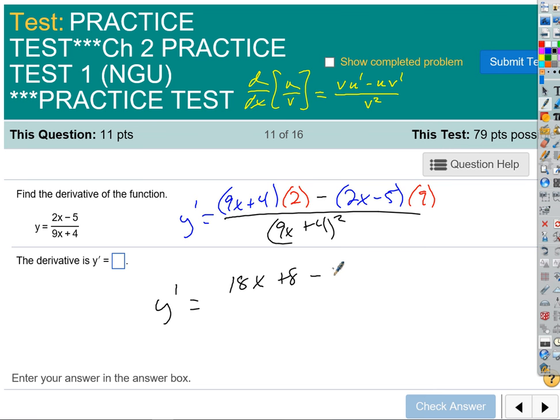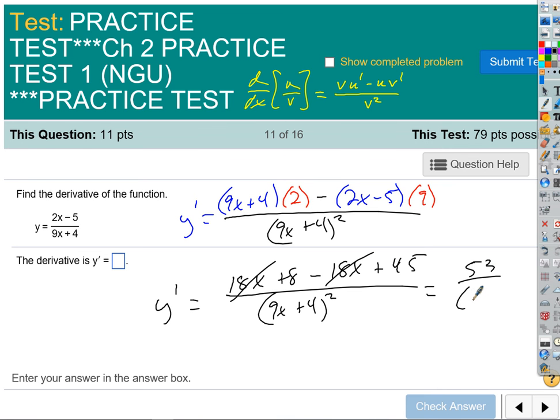So minus 18x plus 45, all over 9x plus 4 squared. So if I can cancel the 18x's, what do I get? 53 over the quantity 9x plus 4 squared.